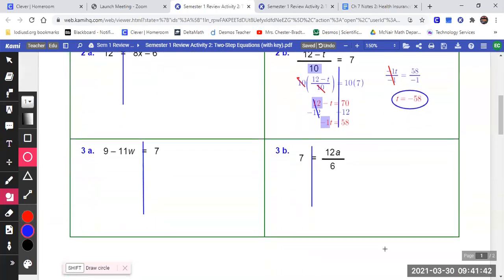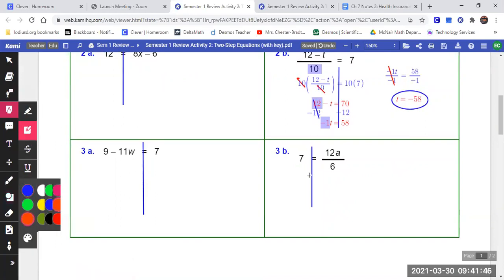Someone tell me, what would be my first step? Because I have the 6 down here. What would be my first step? Because of that 6 down there.